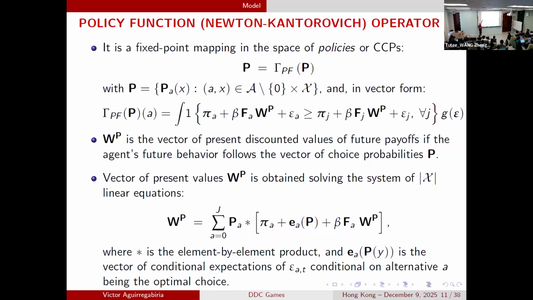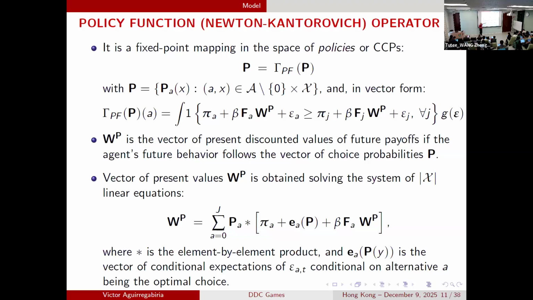The policy improvement is trivial, especially if we have a closed form expression, for instance the logit probabilities. Again, the cost increases linearly with the number of states. The main computational cost of one single iteration comes from this valuation operator.